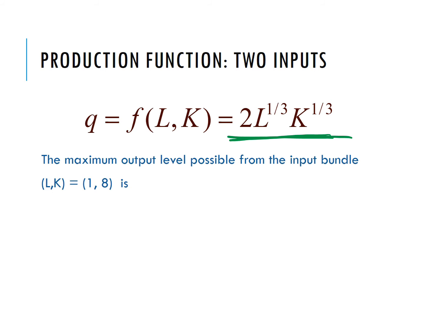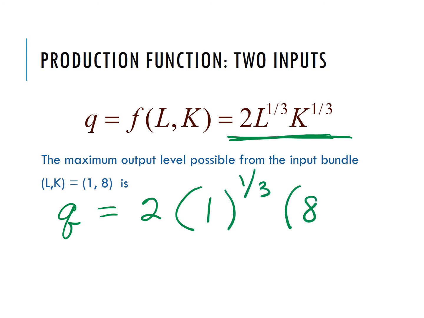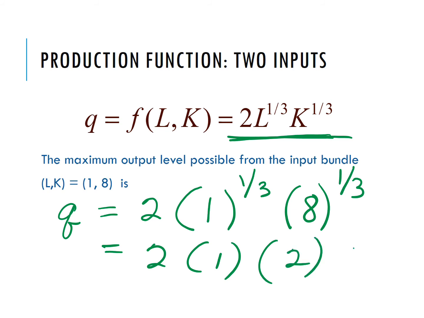So here the maximum quantity that can be produced with 1 worker and 8 ovens, or pieces of capital, is 2 times 1 to the 1/3 times 8 to the 1/3. So that is 2 times 1, and 8 to the 1/3 is 2. So we have a quantity of 4.